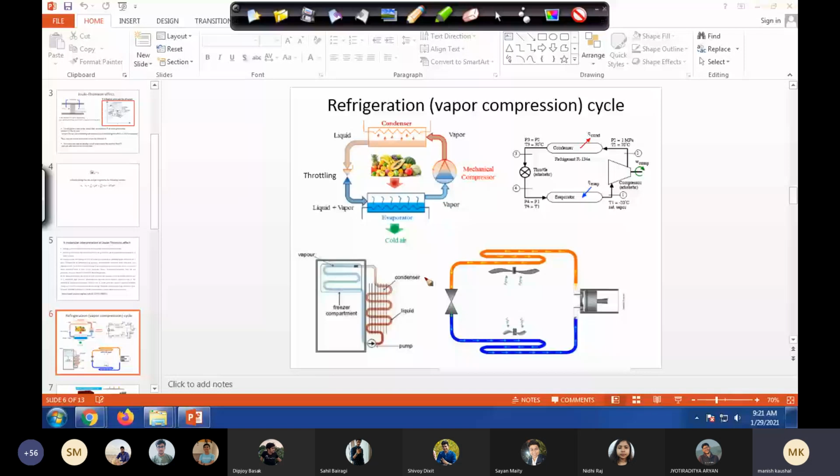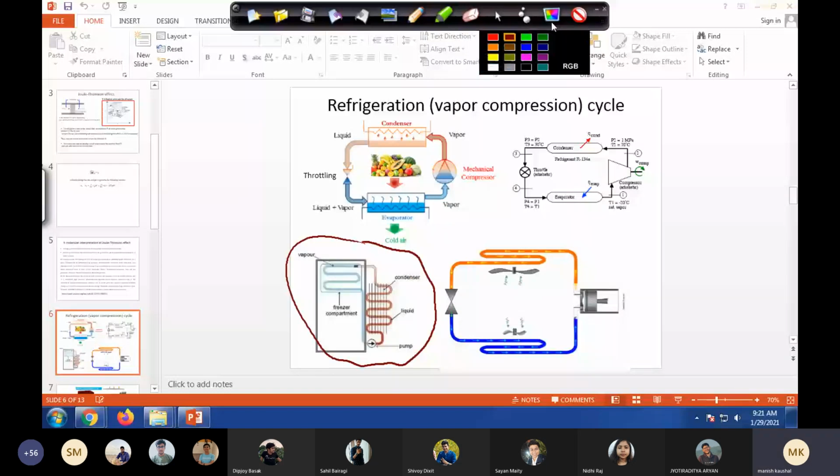So that is the rough schematic of a real fridge, okay. If you want, you can check. I'm sure you have seen such kind of bars in your fridge, in all fridges. This is nothing but the condenser.